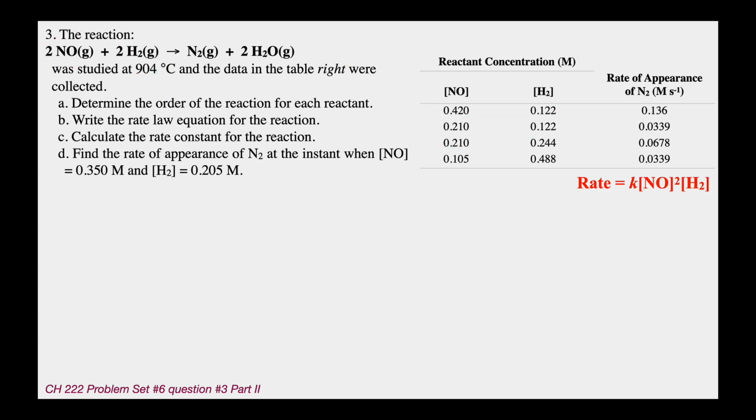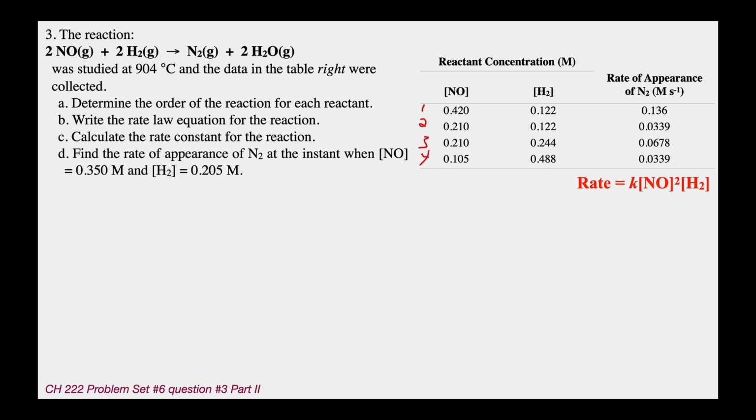In the last part of the problem, we saw that rate equals K times NO squared times H2. So now see there, it says calculate the rate constant for the reaction. The rate constant is that little K right there. And for this problem, you can literally use any set of data you want to. So let's say that I was going to use number 1.